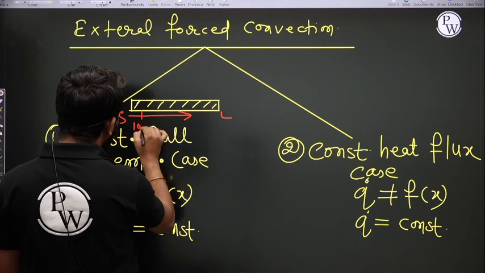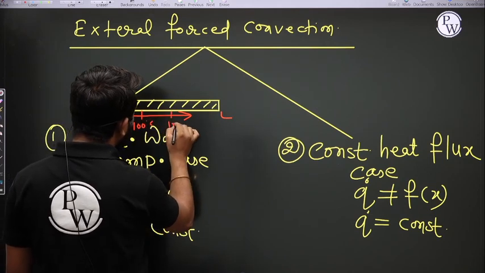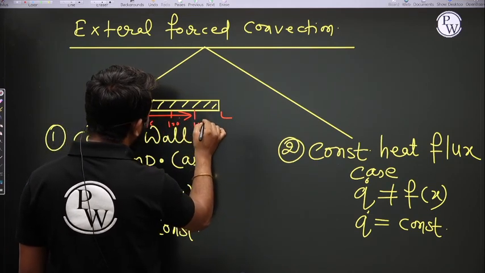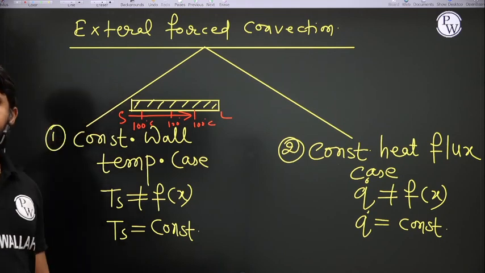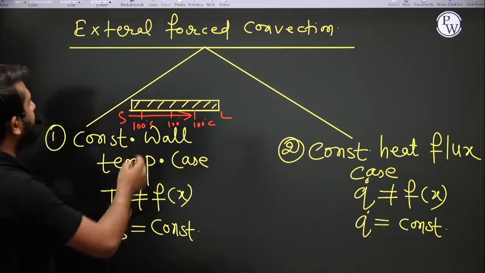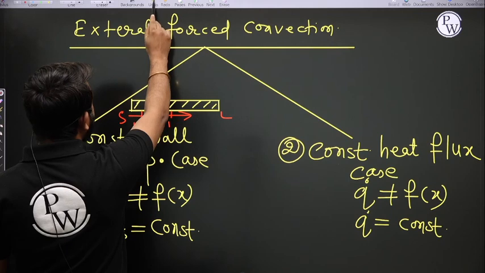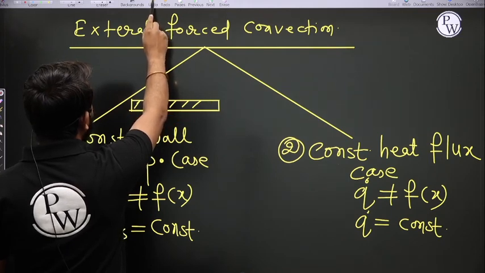So here the temperature is 100 degrees Celsius. Is it clear? This is the constant temperature case.